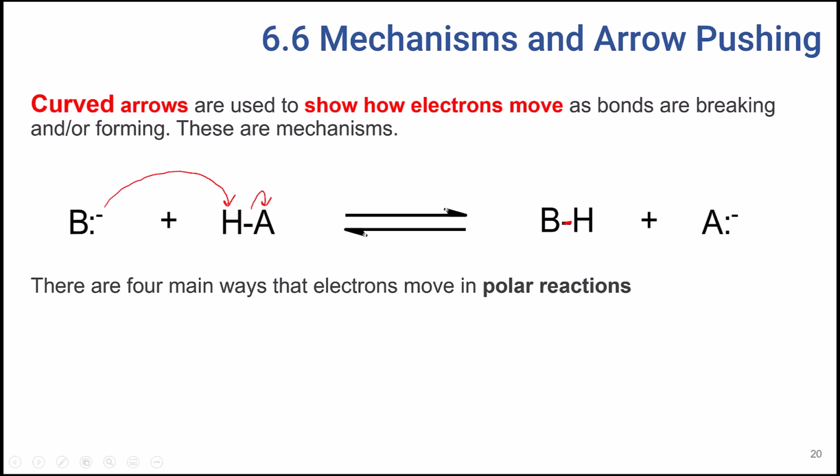The first one that we are looking at is a nucleophilic attack. Or if you would like to be less violent, we have nucleophilic hugs. And that is the case where a nucleophile is going to attack or hug an electrophile. The next type of curved arrow is the loss of a leaving group.